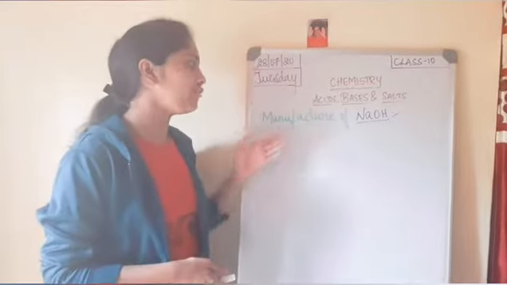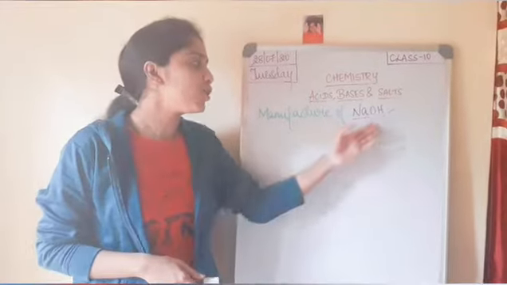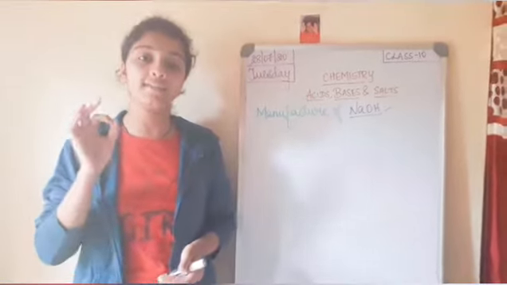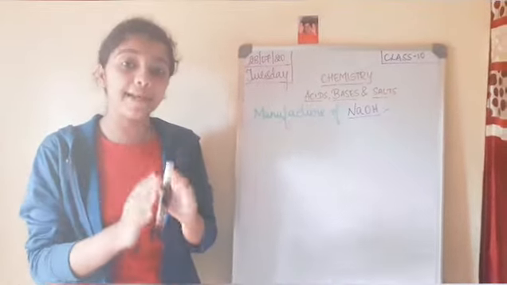Next, manufacture of NaOH, that is sodium hydroxide. Now, sodium hydroxide is one of the most important alkali. Alkali is something that is base dissolved in water.